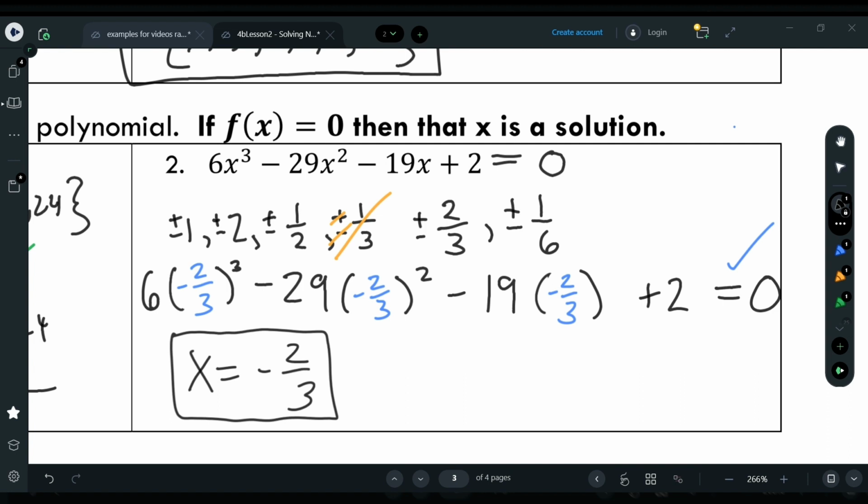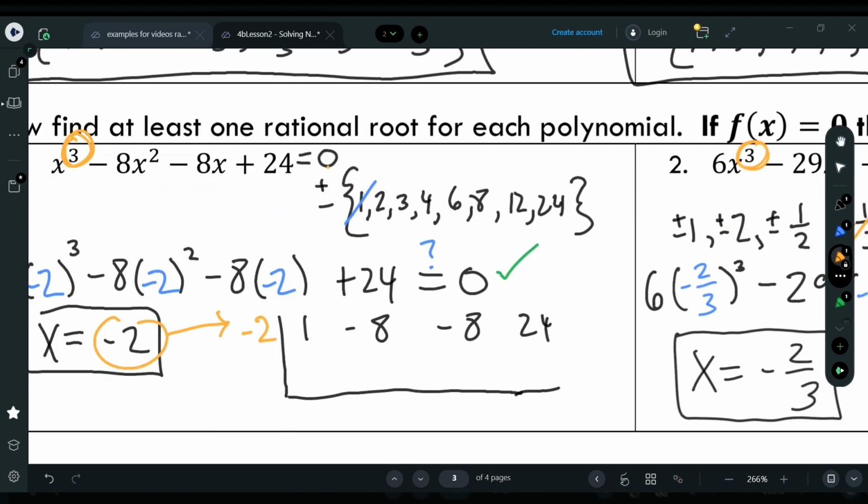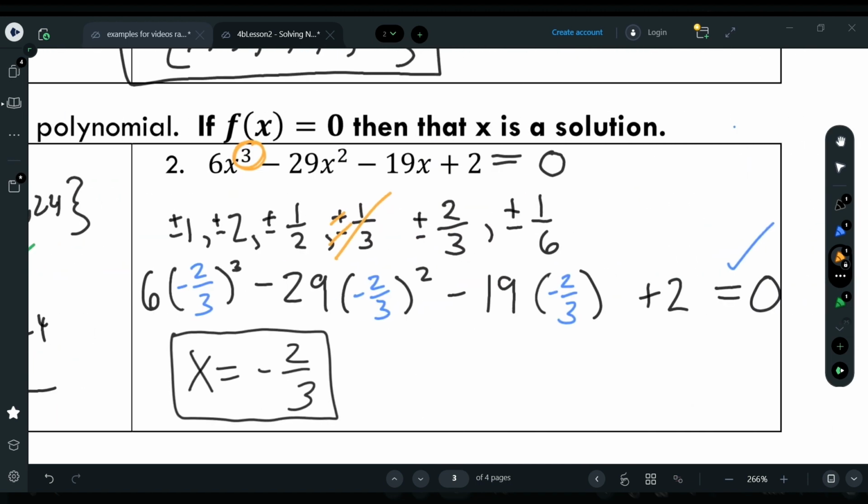Again, this is a degree 3. This equation is going to have 3 solutions. But this problem just asks us to find at least one, and we found one, so we could stop there. If you wanted to find the other two, you do synthetic division. You do it with these coefficients, and you do it with negative 2/3 as your k value on the top left.